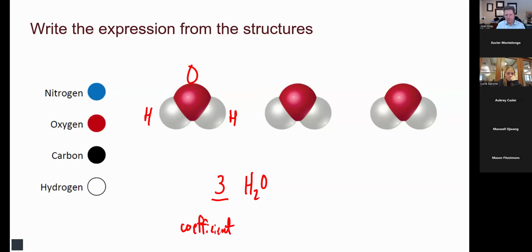So that three applies to your calculation of how many of these different atoms are present. You use that information to say something like, there are three water molecules.